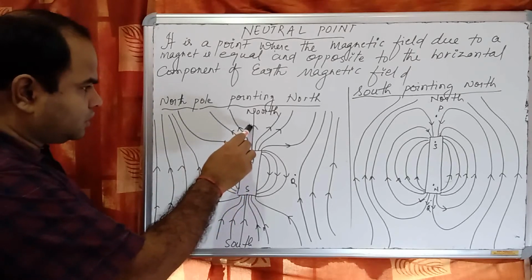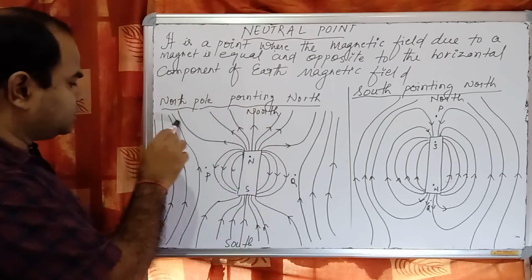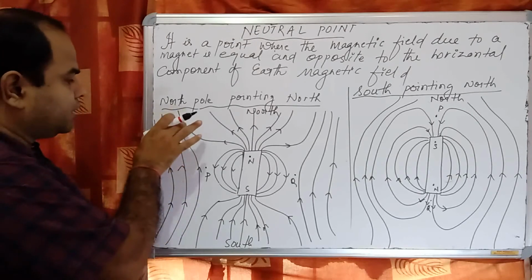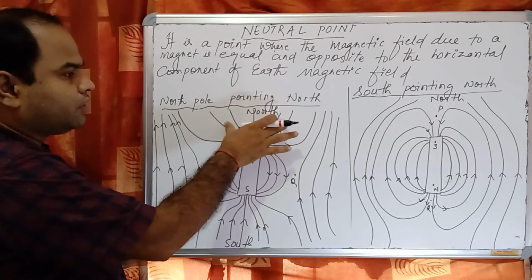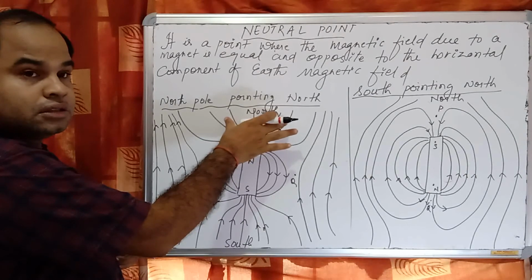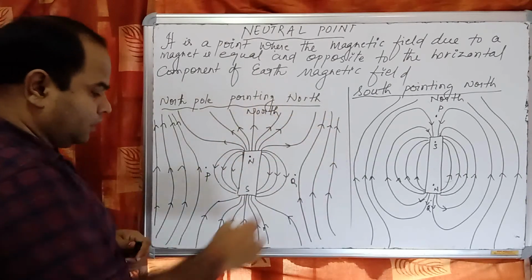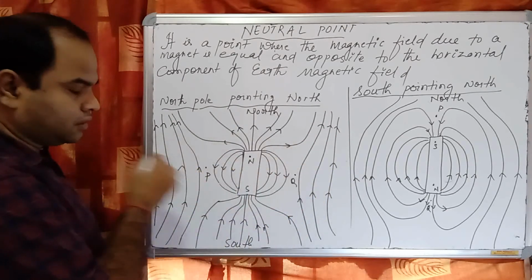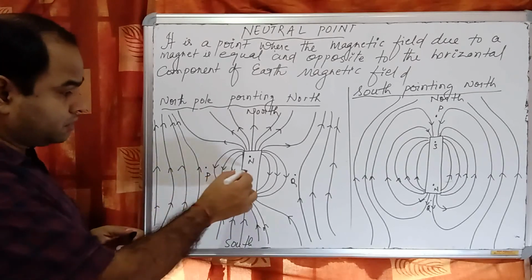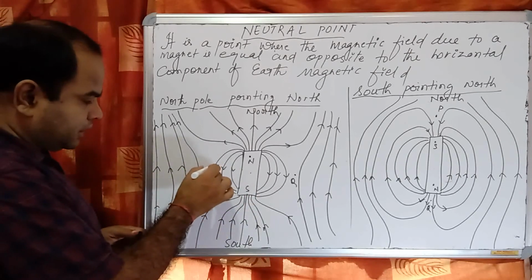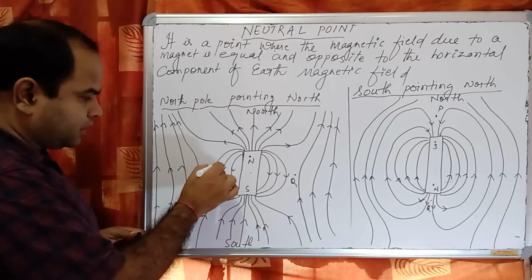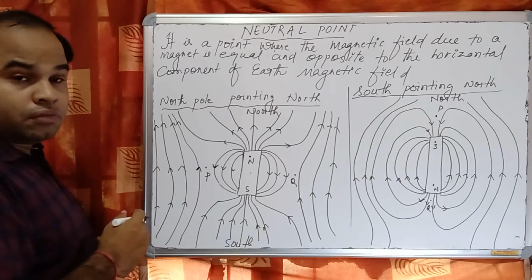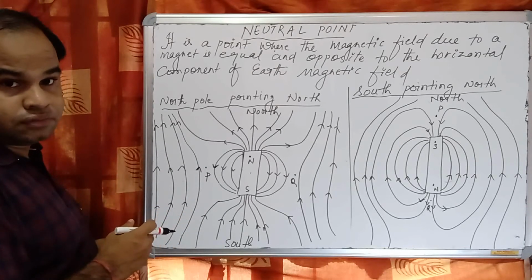If you see these lines and these lines, they are in the same direction. But on the equatorial line of this bar magnet, the magnetic field lines of the bar magnet are opposite to the direction of the magnetic field of Earth.